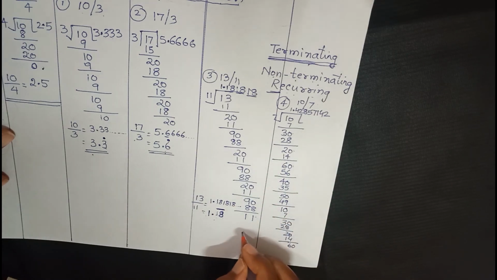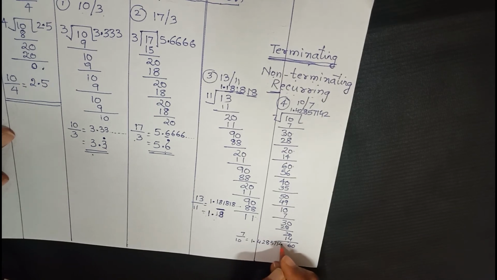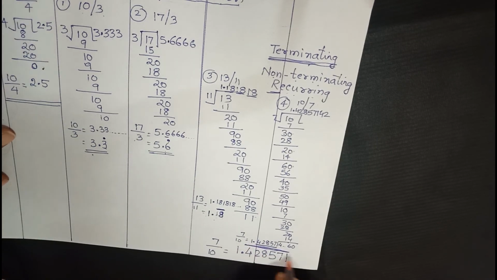So 10 upon 7, what am I getting as the answer? 1.428571. And after this again 4 has started, right? So these many numbers will keep on repeating again and again. So how do I represent 10 upon 7? It will be 1.428571, and I put a bar over this because in this order the numbers will keep on repeating endlessly.